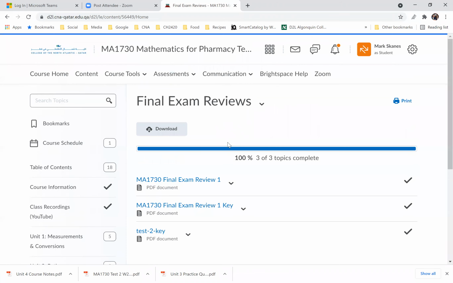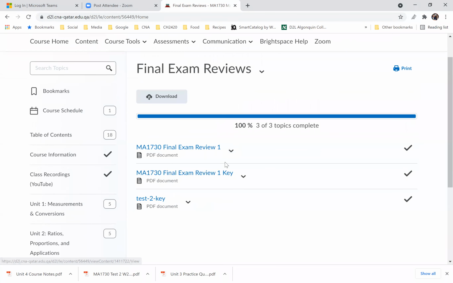I do have a key for test number 1. I can upload that right after class. I just have to do something with it. So after today's class, you will see the test number 1 key here as well. You can use that to study. But let's take some time today and look at some questions from the final exam review.